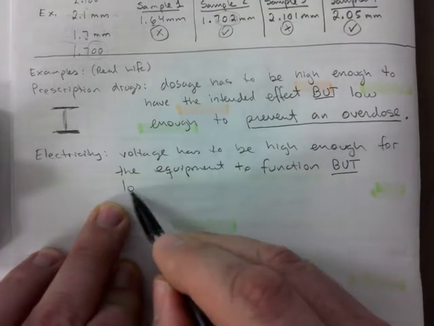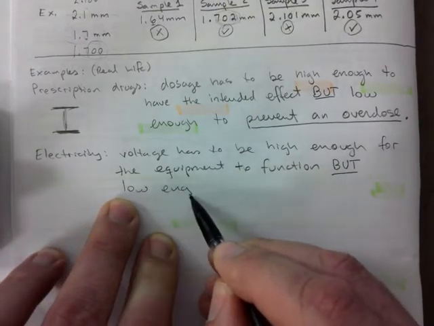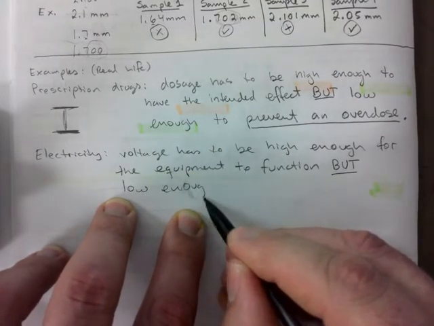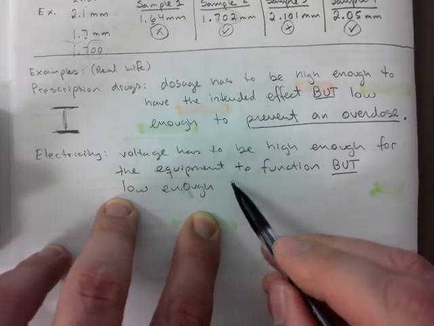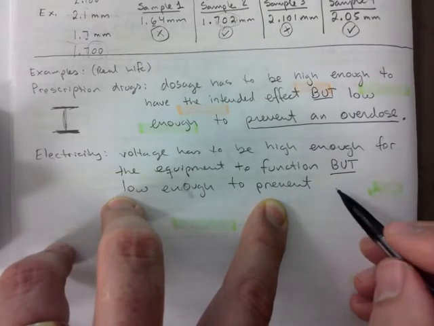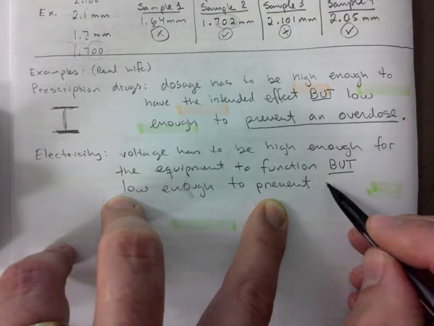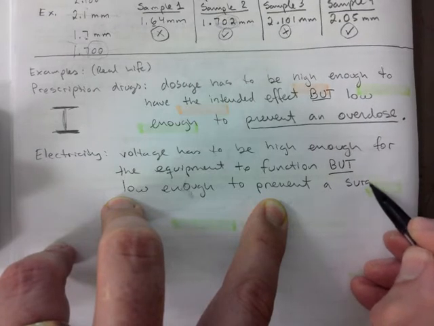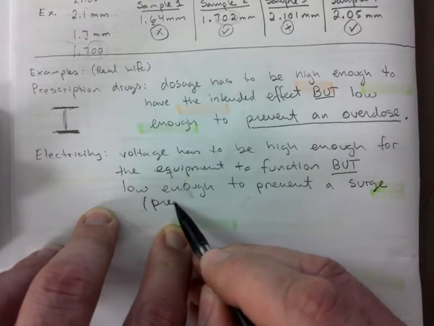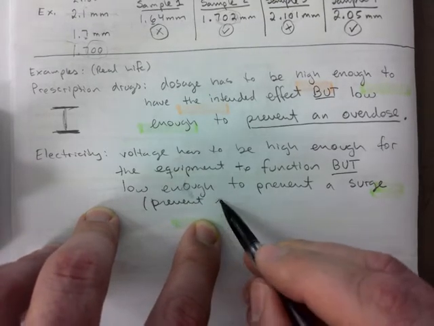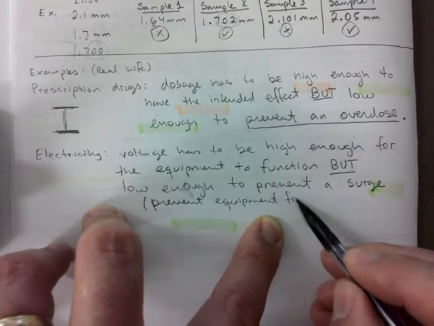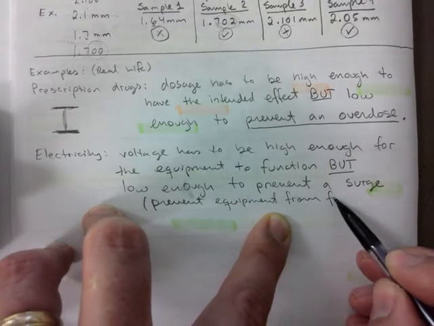But it has to be low enough to prevent a surge, or prevent equipment from frying.